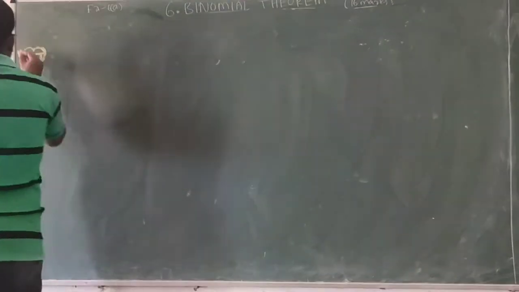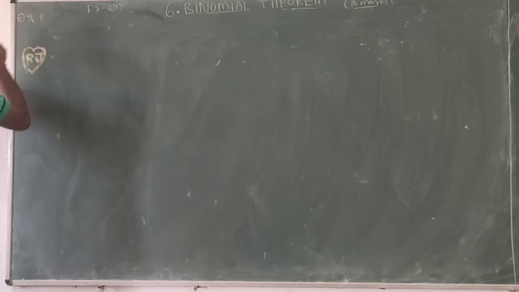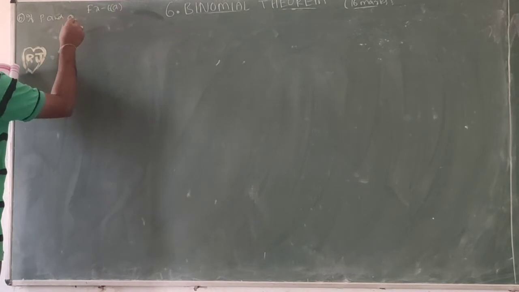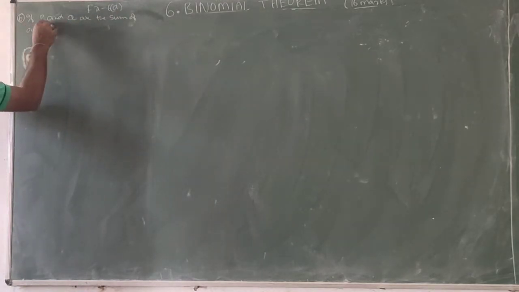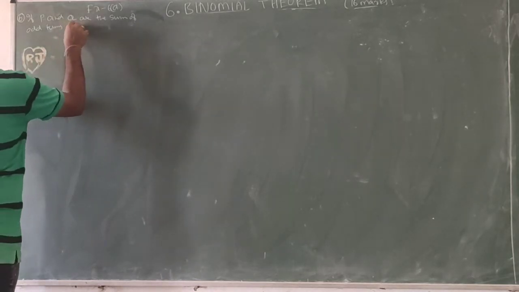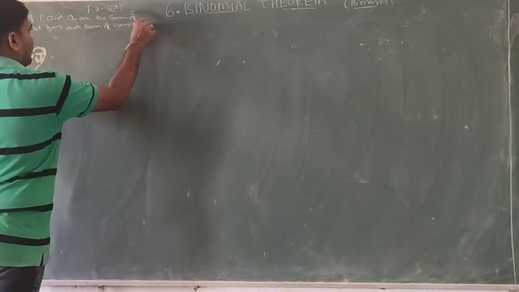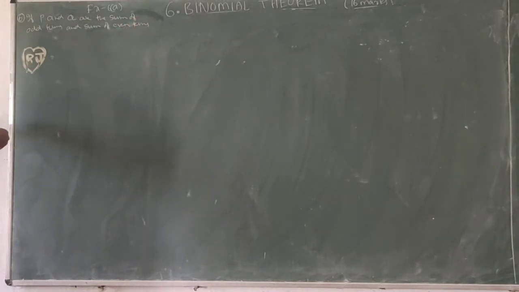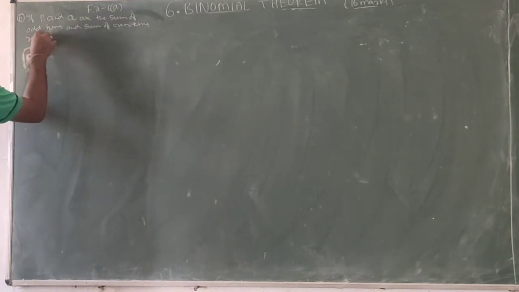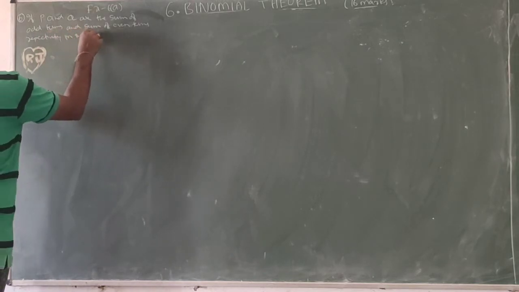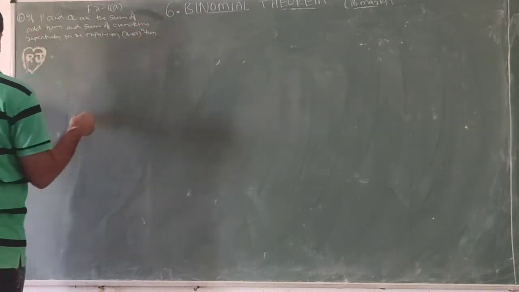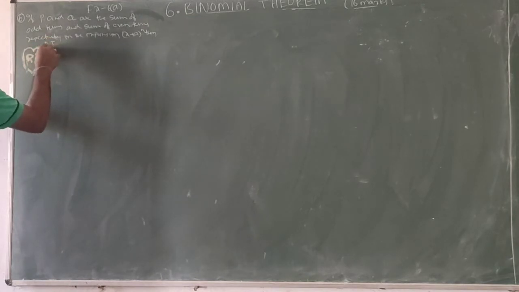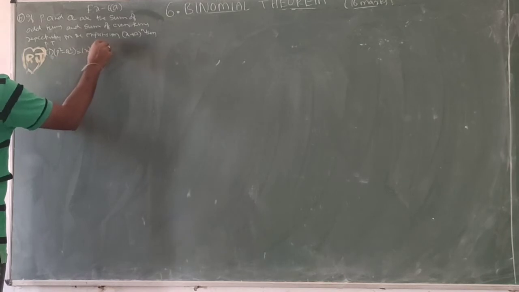Start with the sixth question. If P and Q are the sum of odd terms and sum of even terms respectively in the expansion of (x plus a) whole power n, then prove that first, p square minus q square equal to (x square minus a square) whole power n.